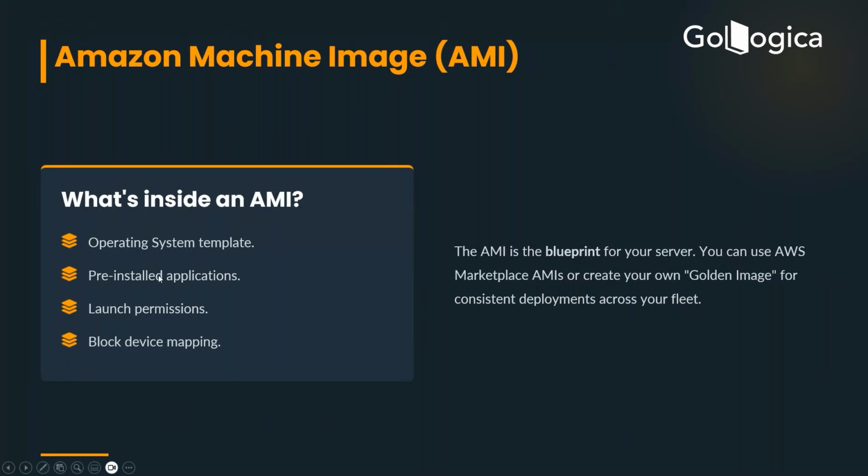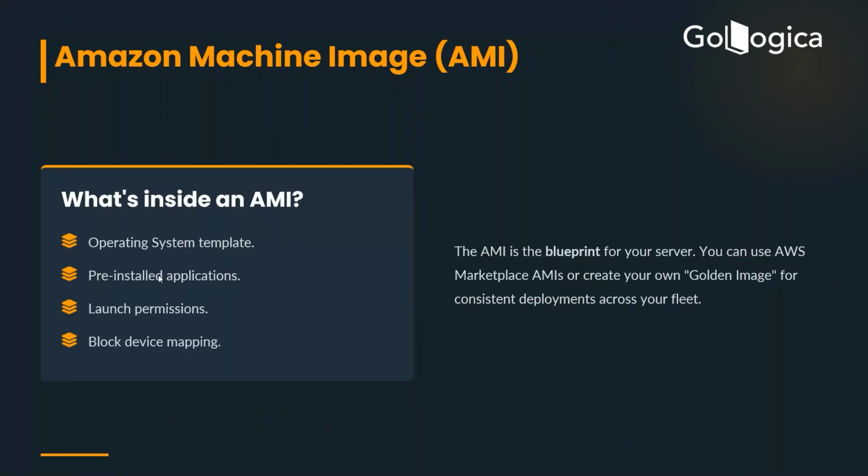If you want ready-made solutions, you can go for AWS Marketplace, where you will get thousands of options for these pre-installed applications. Again, it will be a paid service, and sometimes they offer free trials, maybe for 30 days or 15 days. Once the trial period is over, you need to pay for that AMI.